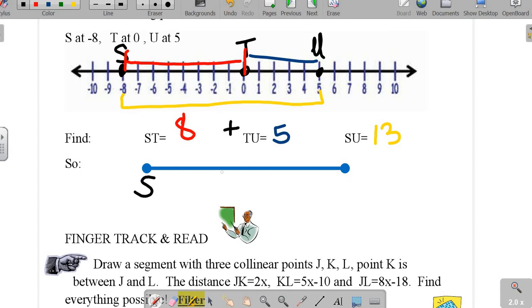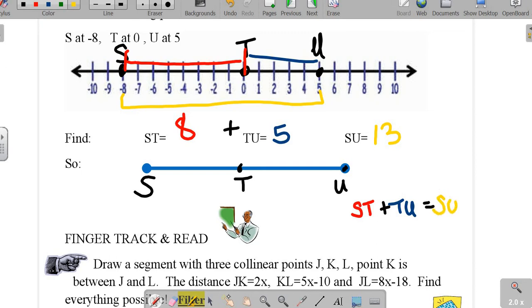When you have 3 collinear points, the distance between the smaller segments, so ST, the distance between, plus the distance of the other smaller segment, equals the distance of the entire segment length.